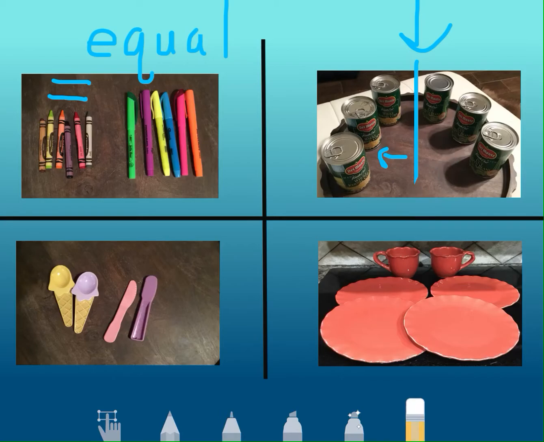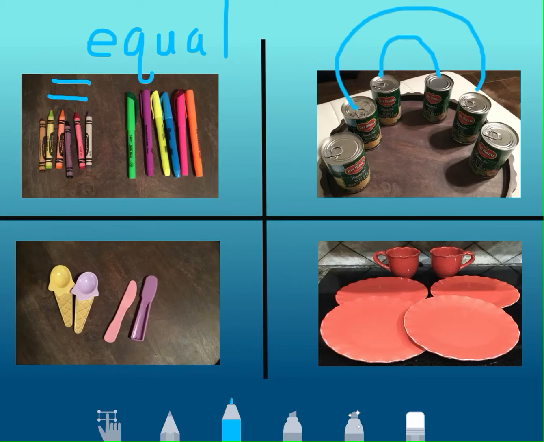Well, let's see if they have partners. Okay, so this can of corn could go with this can of green beans. This can of corn could go with this can of green beans. And this can of corn could go with that can of green beans. Are they equal? Are there any cans that are left over without a partner?